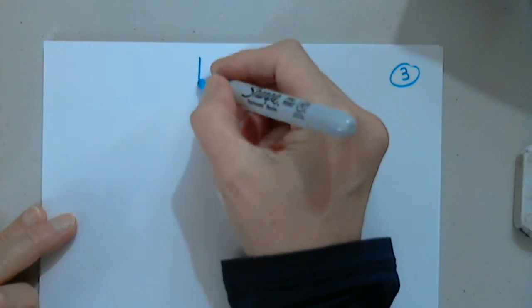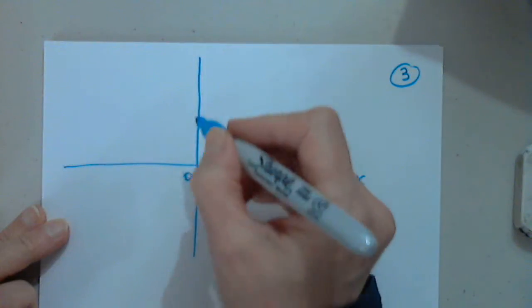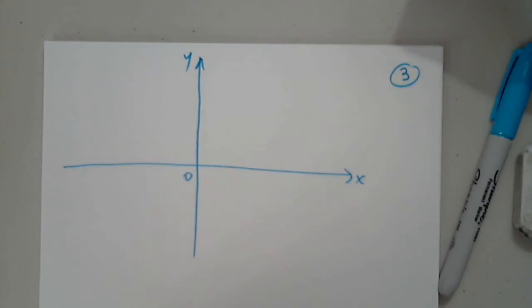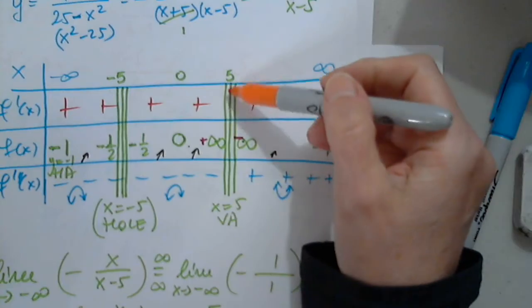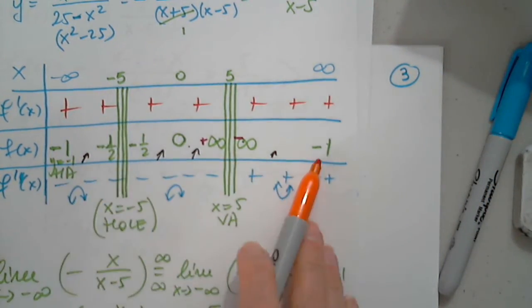Okay, so now let's graph. When we graph a function with asymptotes, we have to graph the asymptotes first. The function has two asymptotes, x equals 5 and y equals -1.